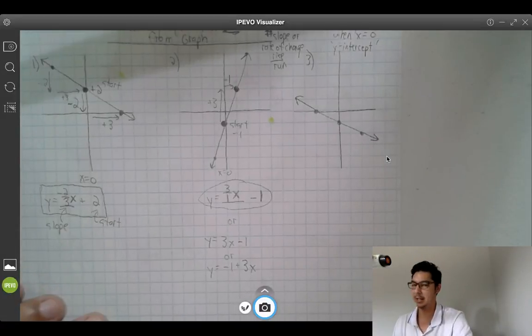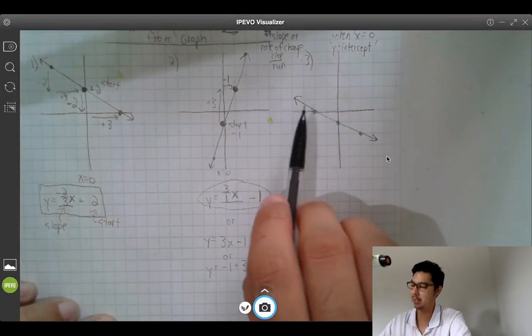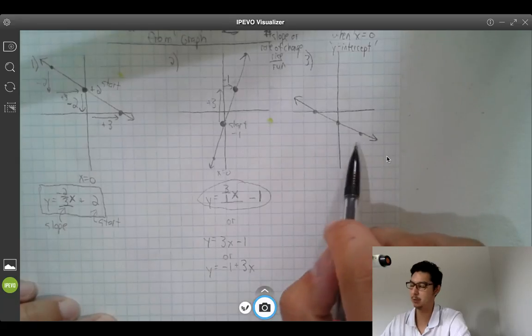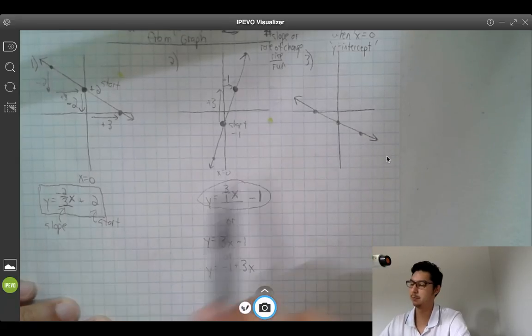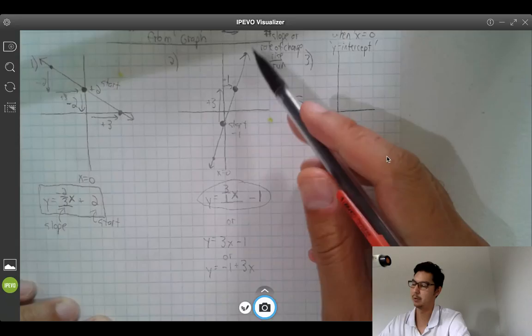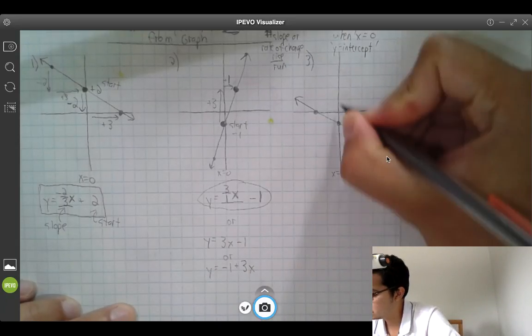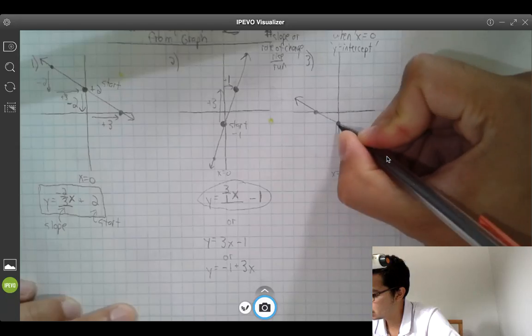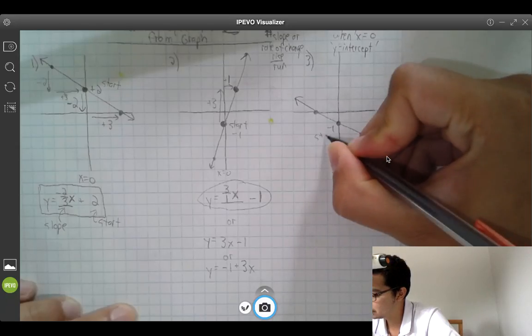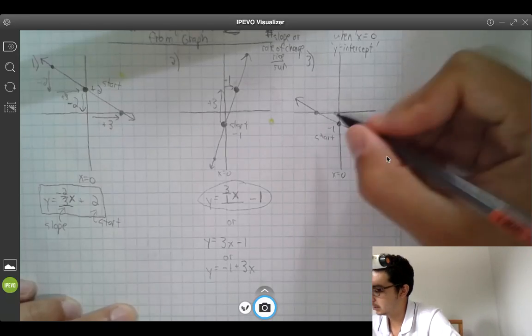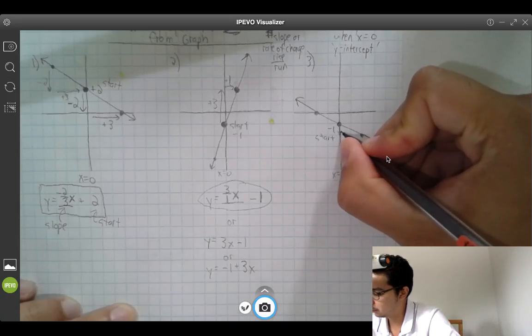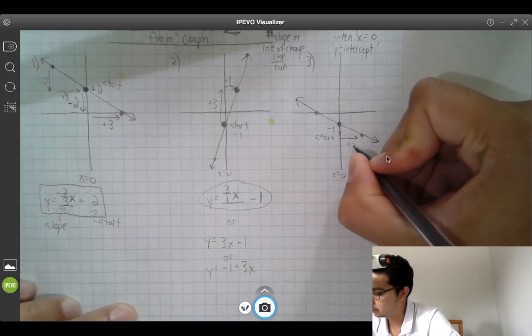Okay. And then this last one, just be careful, because notice how it's going down again. So we should have a negative slope because it's going downhill versus this one going uphill. But let's find the starting value. So x equals 0, the y-intercept is here, which is also at negative 1. And then the slope is it's going down 1, right 2.